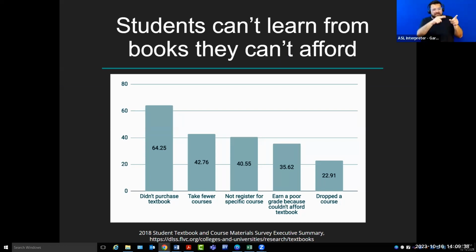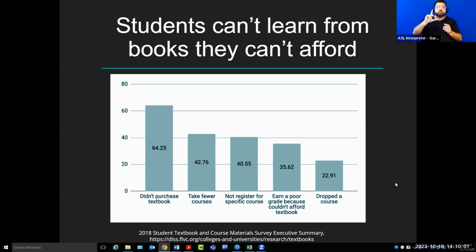Again, I know that you're already thinking that you're going to be giving your students free materials, but this has to do with the importance of why we should think about supplying our students with OER and ZTC materials. This was from a study in 2018.